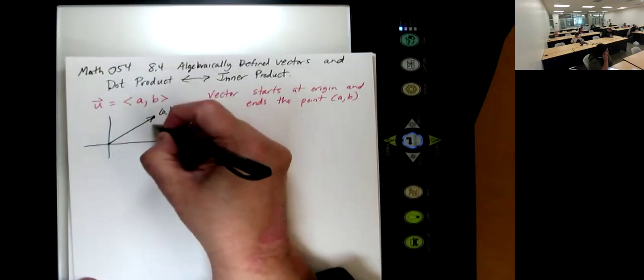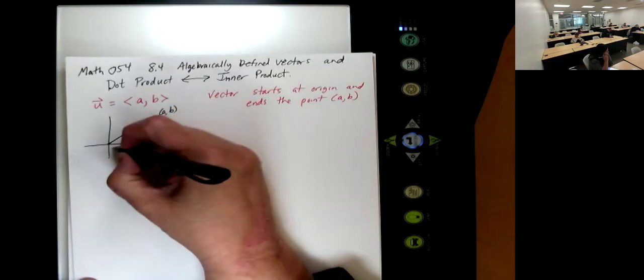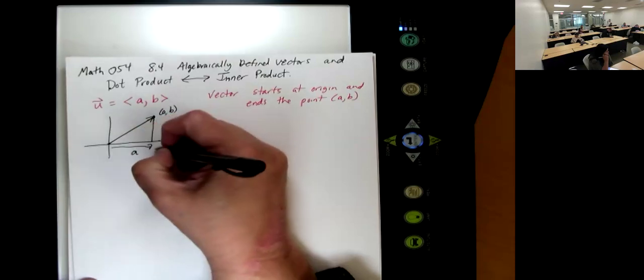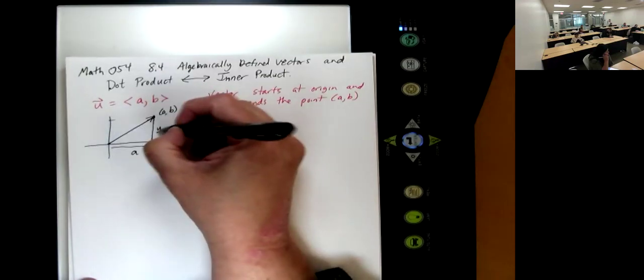Which means if I made a triangle, the x component, or this length here, is a, because x equals a. And the y component, or the height, would be b.